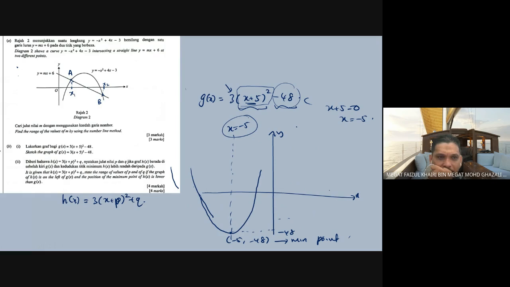For this question number two, this question is not very familiar for me, but just to recall the solution: p is greater than 5, q is less than negative 48. So if I recall, h(x) is lower than g(x) and also on the left of g(x). So this is the one.